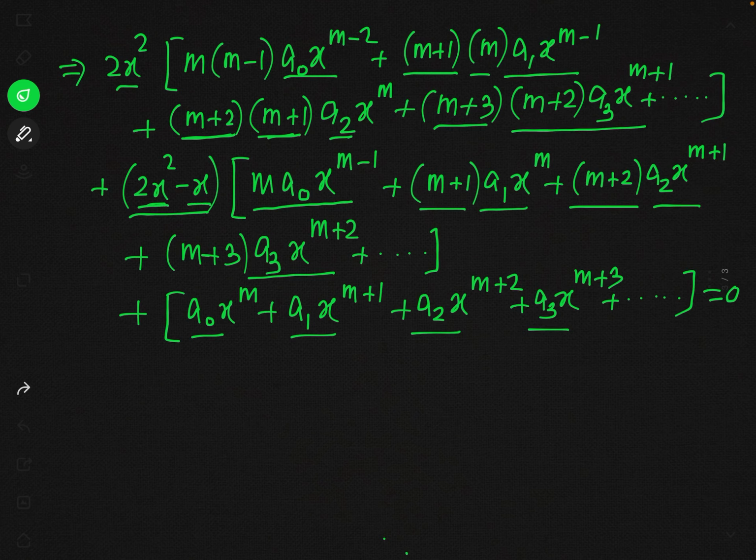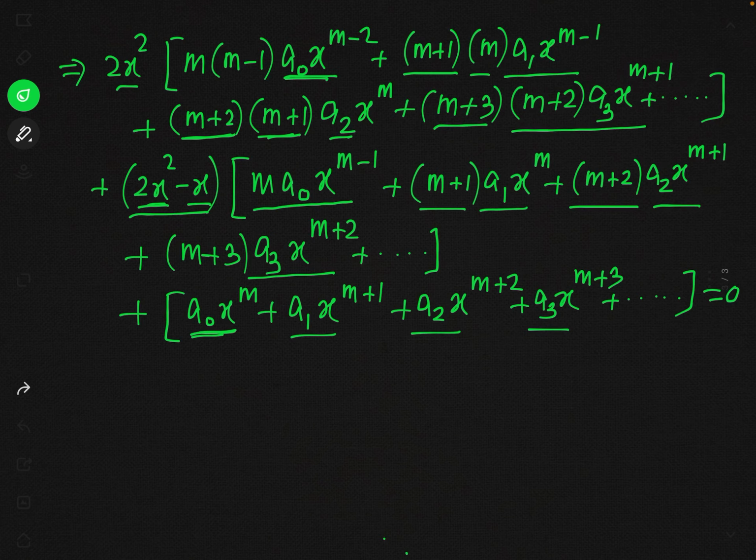Here, when we multiply by x to the first term, there will be x to the power m, and here there was also x to the power m. And you can see in the last series, x to the power m is in the first term, and after that x contains a larger power. So you can conclude that x to the power m is the lowest power term.